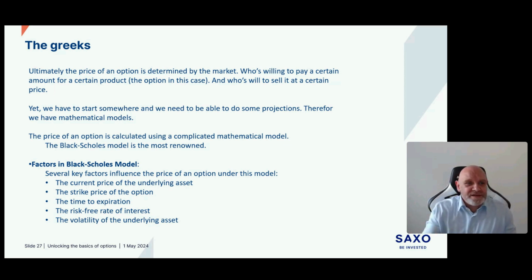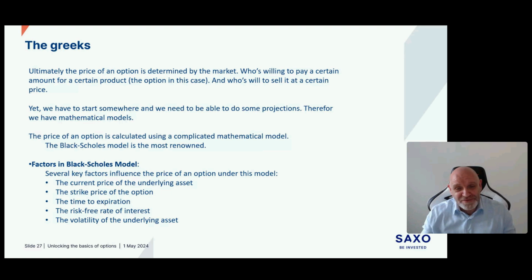To do that, they use complicated mathematical models, and the Black-Scholes model is the most common one. I won't even show it here. It's not necessary. You just have to know there is a complicated mathematical model. The prices don't show up anyhow. It is calculated.